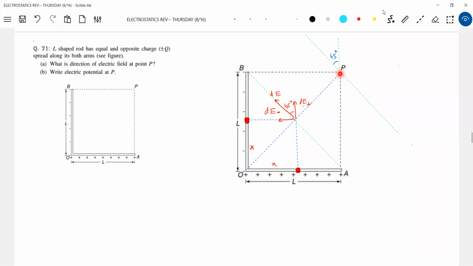It's very simple. Just at point P, I want the field. The question is asking for the direction of electric field at point P. So I'm just trying to analyze here. What will be the direction of field on this line OP, everywhere on the line OP?